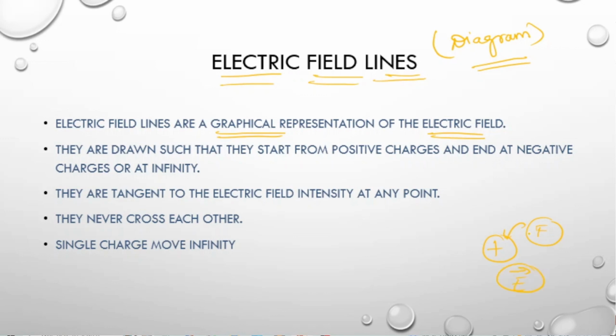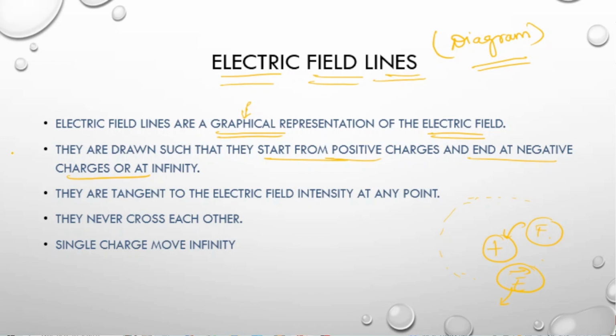Since the electric field acts only to a certain extent, to show graphically how the electric field is acting, we use electric field lines. They are drawn such that they start from a positive charge and end at a negative charge. These are some of the properties of electric field lines.